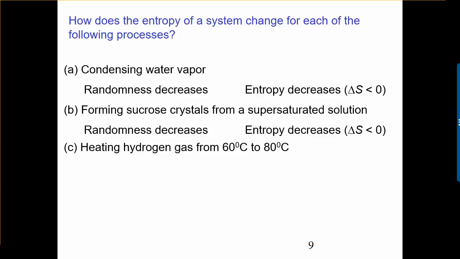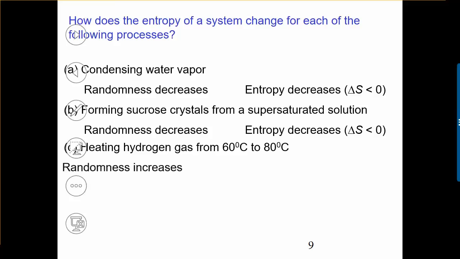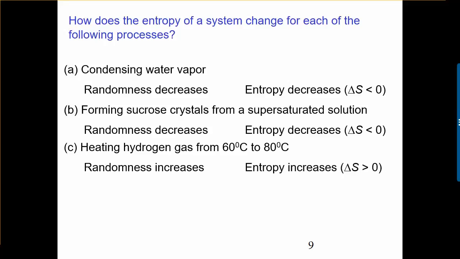Heating hydrogen gas from 60 to 80 degrees Celsius. Increase randomness, because you're adding energy to the system, those molecules are going to start moving faster and faster. Start running around. That's right. The energy increases. The entropy increases, excuse me.